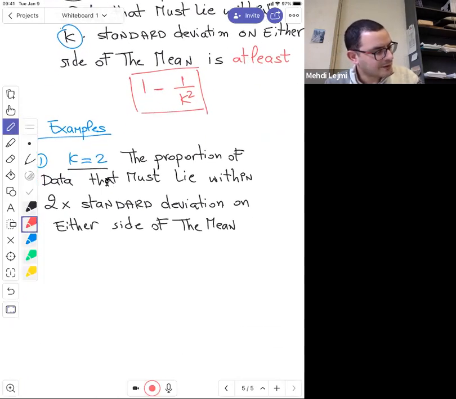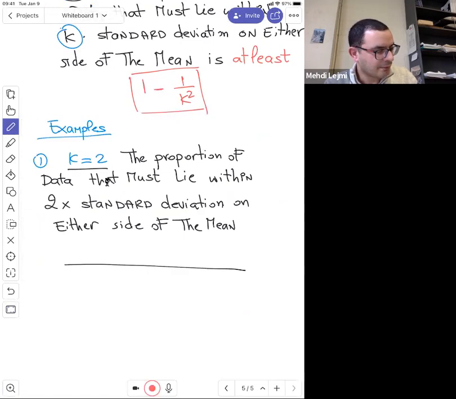So you have your number line, and somewhere you have the mean, X bar. Like in my previous example, X bar is 6 inches. Now I'm going to take 2 standard deviations from the mean on the left and on the right.